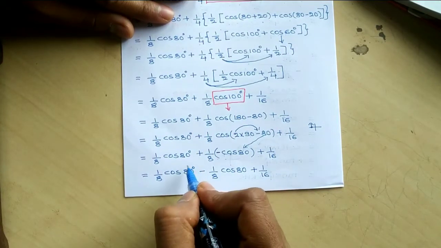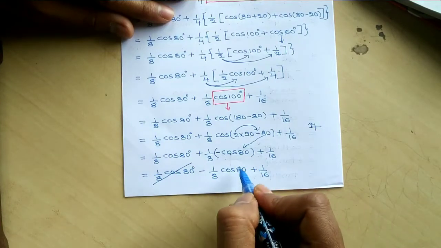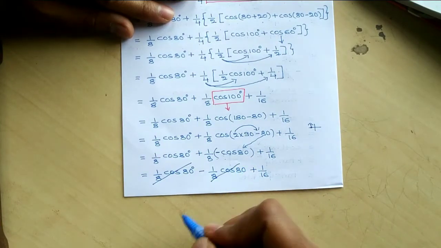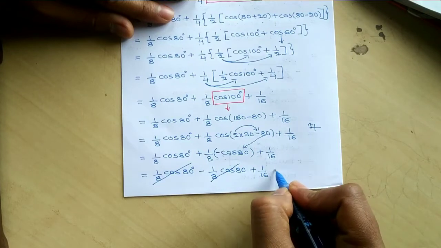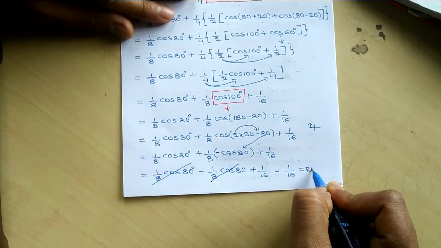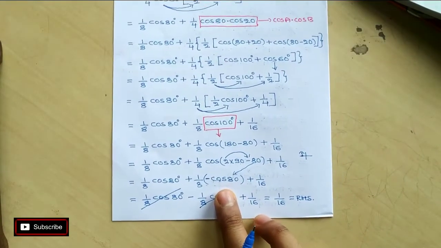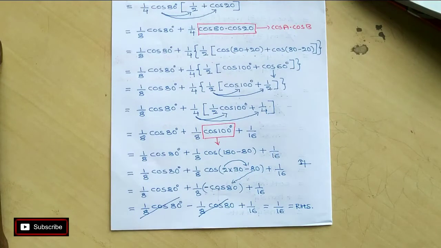So that time you can see here plus 1 by 8 cos 80, next minus 1 by 8 cos 80 degree get cancelled. So what is the remaining value? 1 divided by 16. So which is equals to which part here? RHS. So left hand side is equals to what? Right hand side.